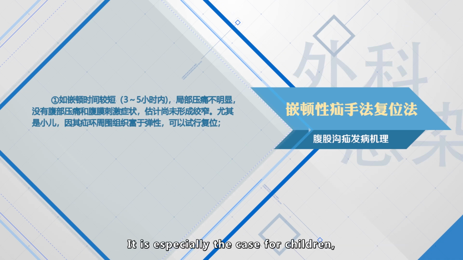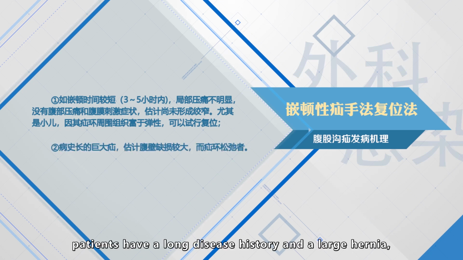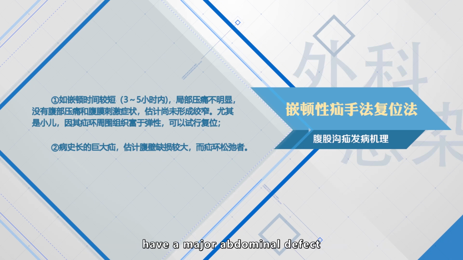It is especially the case for children, as their tissues surrounding the hernia ring are elastic, and the reduction may be attempted. Patients who have a long disease history and a large hernia, have a major abdominal defect, or have a loose hernia ring.